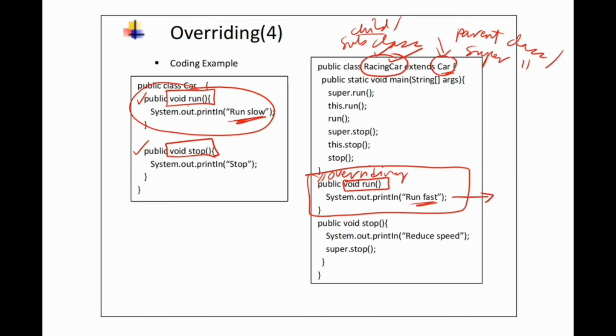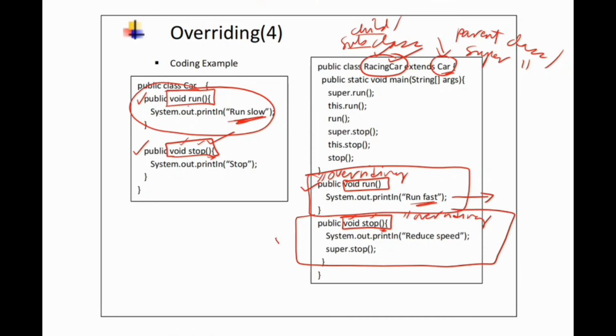So we are also employing overriding here. This is the same as the original method. Take note, it has the same return type, void, the method name is stop, and the same argument pattern, zero arguments. So the child class overrides two of its inherited methods: the run method and the stop method.